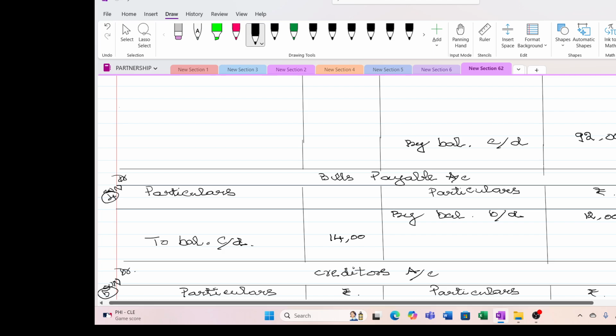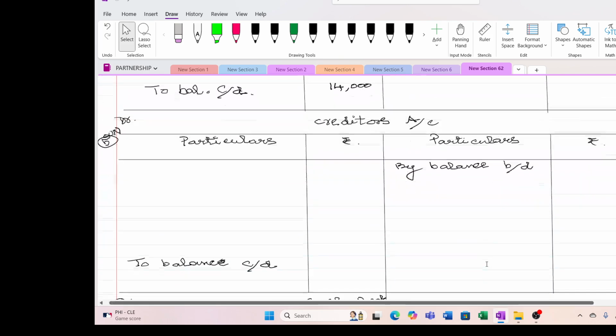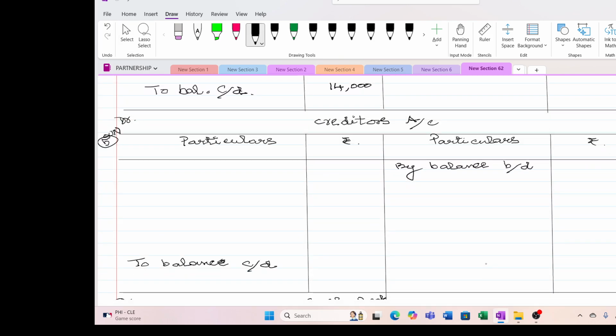Okay. So now moving on to creditors account. Creditors 40 and 56. Opening balance is 40,000. Closing balance is 56,000.